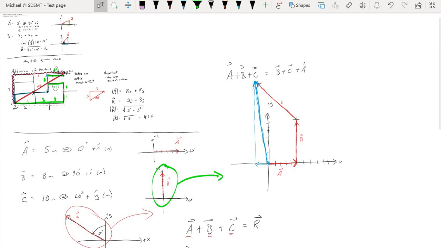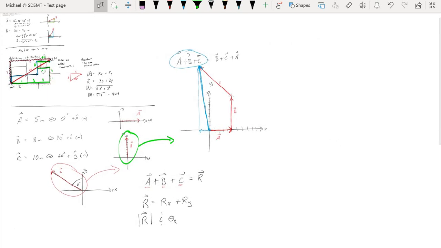The only way that I can know for sure is if I can take this vector addition and simplify it to consider that the x component of my resultant vector comes from the combination of the x components of the three vectors that were added together.